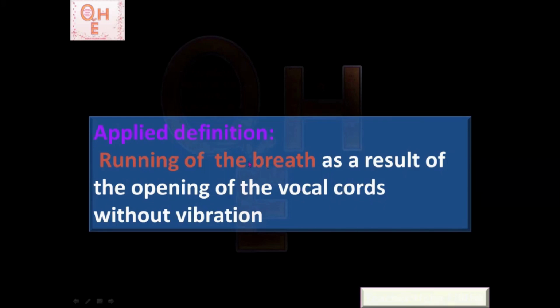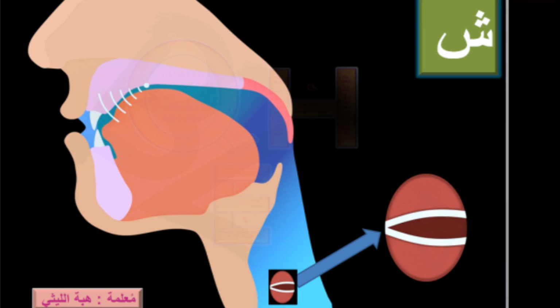Applied definition: running of the breath. Running of the what? Breath. Be careful, put 100 lines under the word breath, as a result of the opening of the vocal cords without vibration.